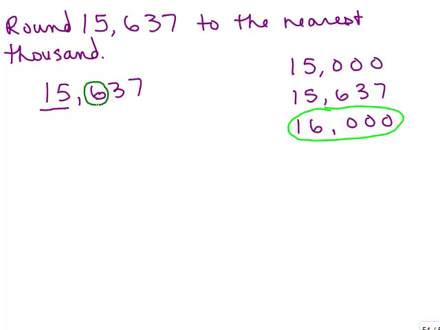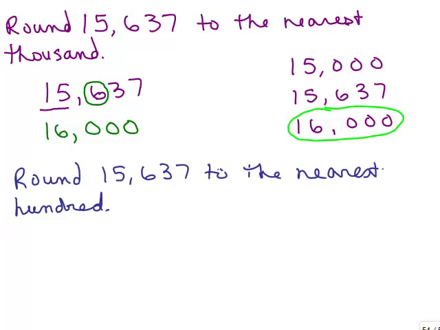I decide that if it's 5 or higher, I add 1 to this number that I've underlined. So if the digit to the right is 5 or higher, I round up. So this becomes 16. And the digit you circle here, in other words, to the right of the place value you are rounding to, that and the rest of the digits become zeros. So we get 16,000.